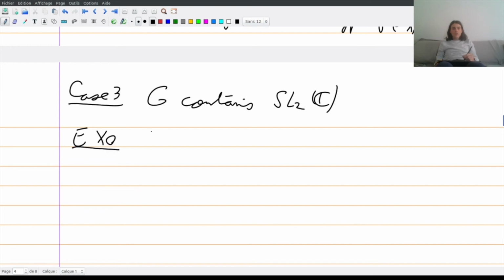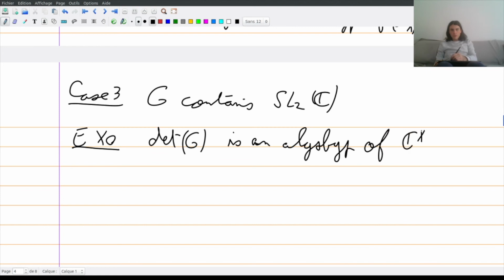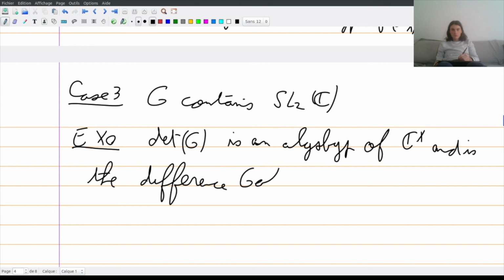So I leave you a little exercise. Suppose that J is an algebraic subgroup of C star and is the difference Galois group of sigma of y equals a times y plus b.